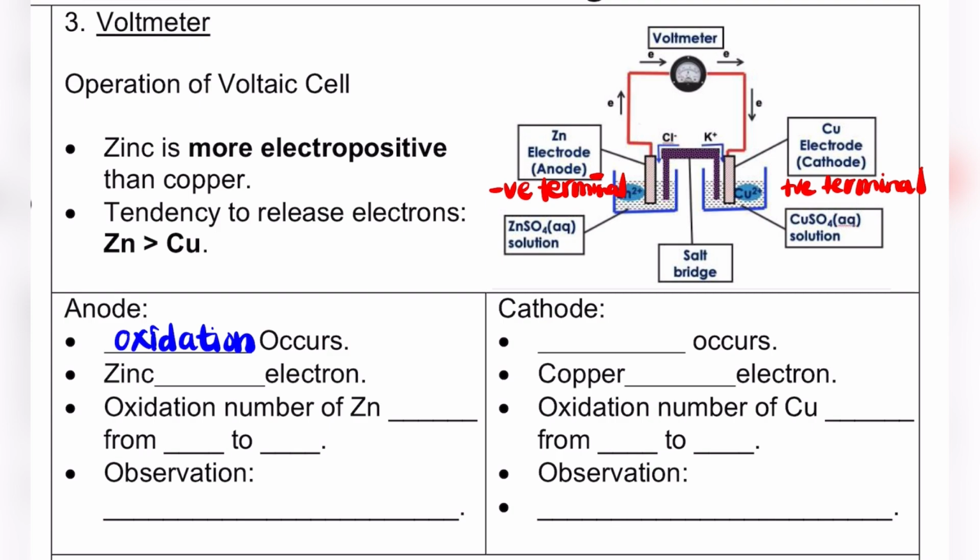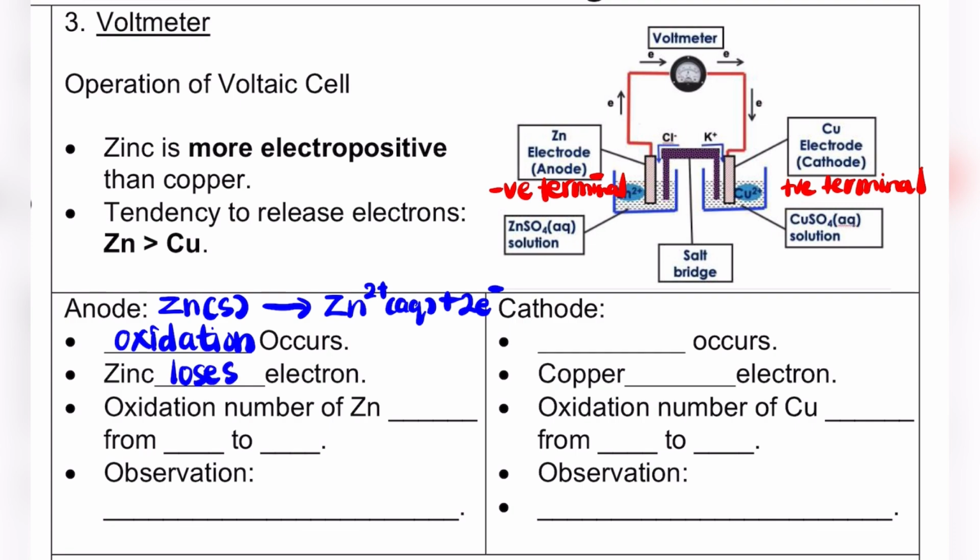How to write the equation? We are starting with the electrode itself. So the electrode at the anode is our zinc. So I'm starting with zinc solid. Don't forget the phase. And to produce Zn2+ aqueous plus 2 electrons because oxidation is losing the electron. So you can write the second point, zinc loses electrons.